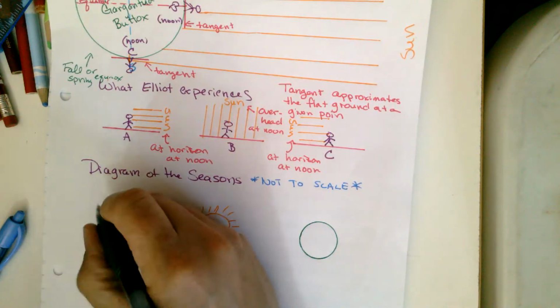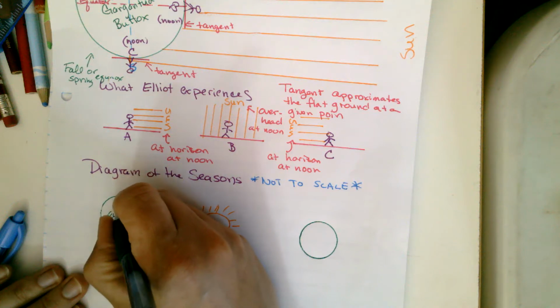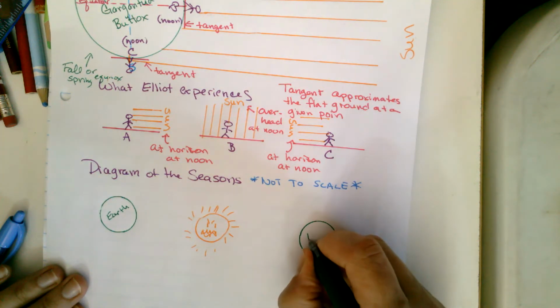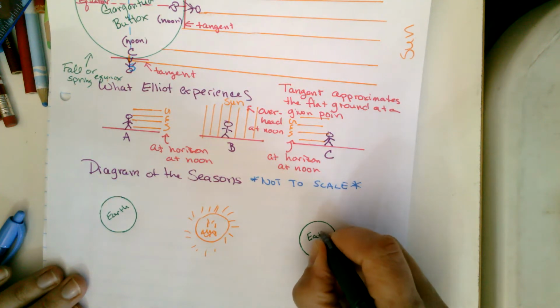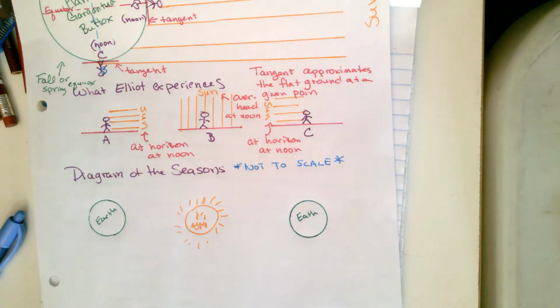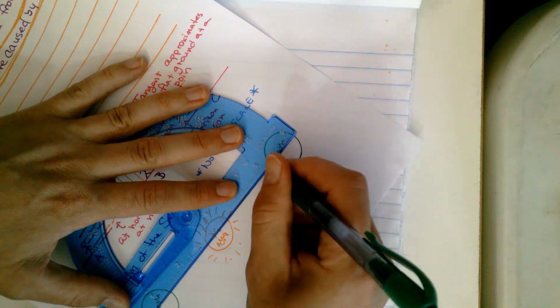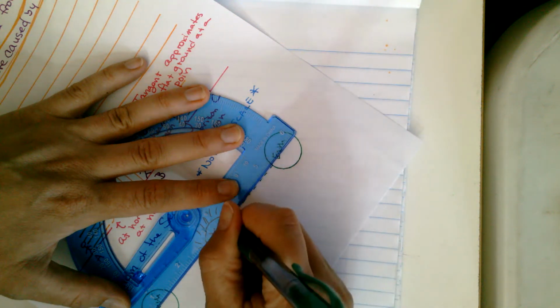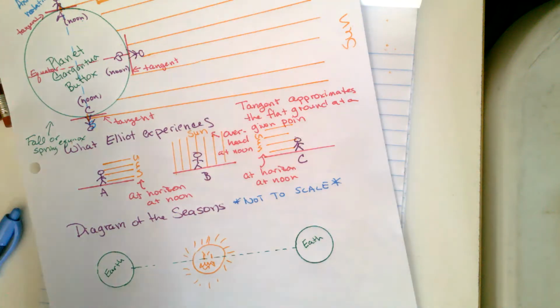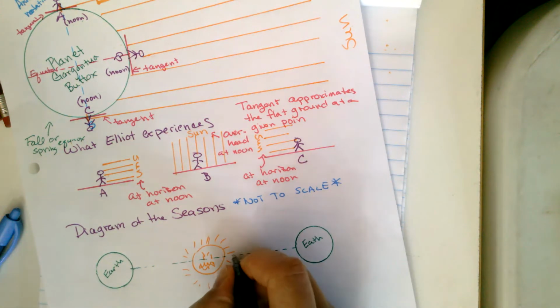So this is Earth. And this is Earth 6 months later. Okay. And this straight line in between here, this is that plane. It's actually a circle, but this plane right here is the ecliptic.